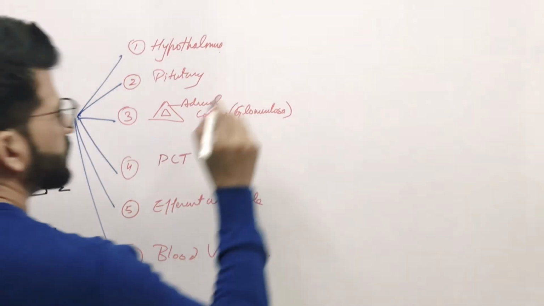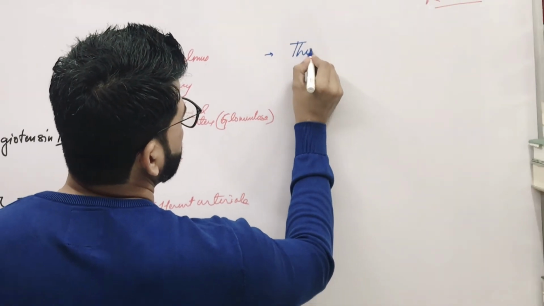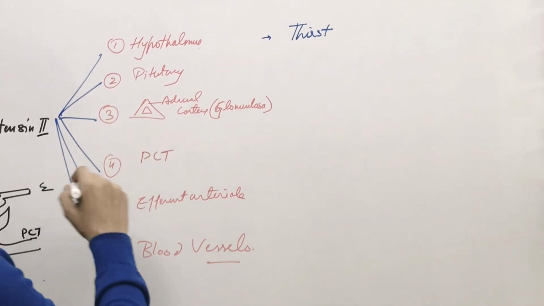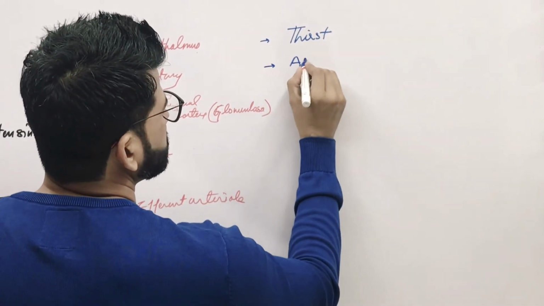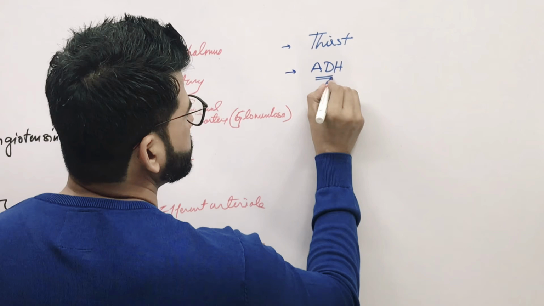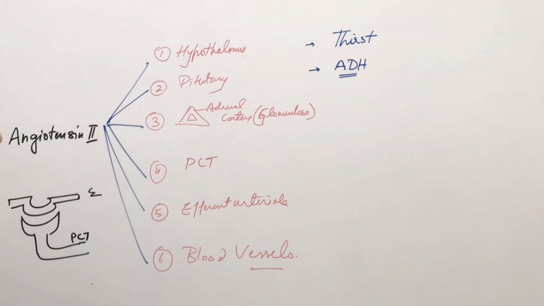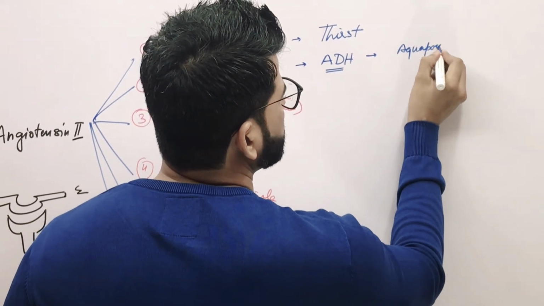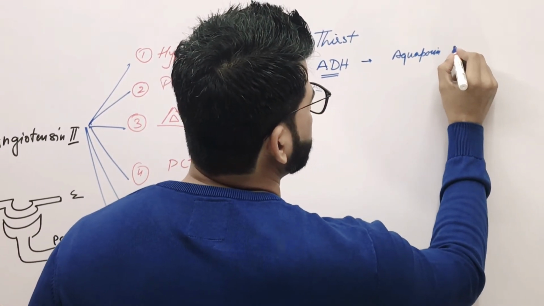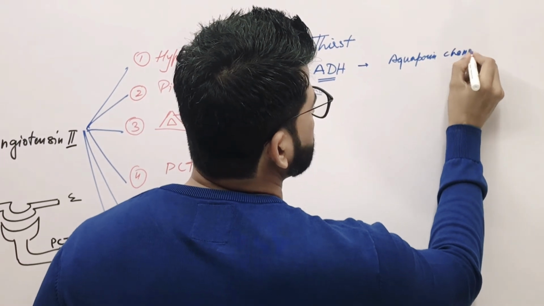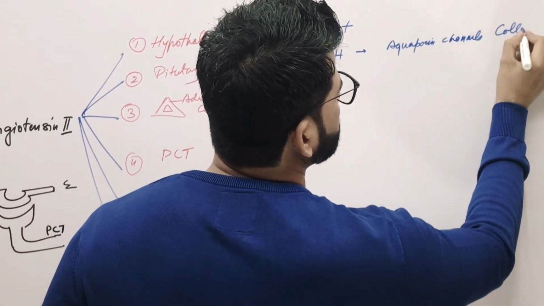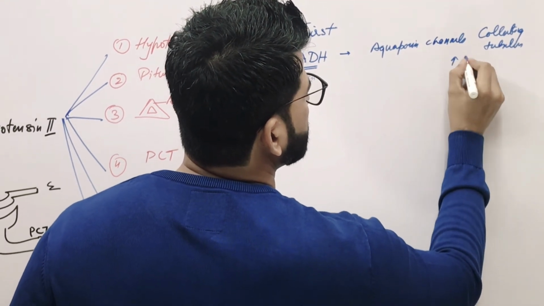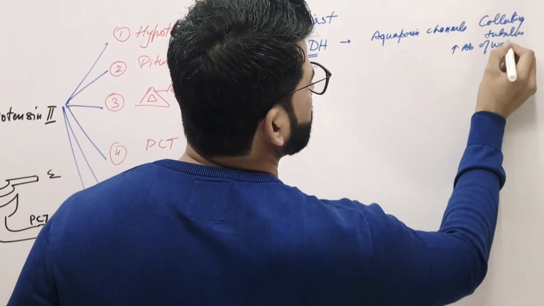So what is angiotensin doing on different parts? On the hypothalamus, when angiotensin 2 works, thirst in the body is generated. When it works on the pituitary, it releases the stored ADH from the posterior pituitary. What does ADH do? ADH will insert aquaporin channels in the collecting tubule principal cells, to increase the absorption of water.